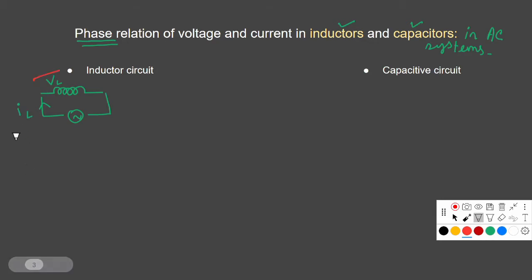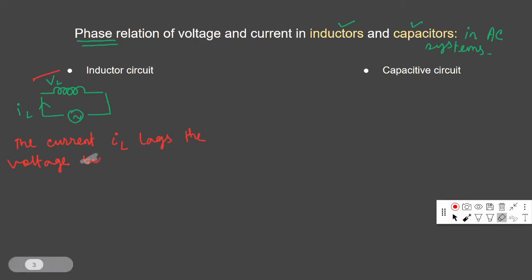Then we can say the current IL lags the voltage across the inductor by 90°.